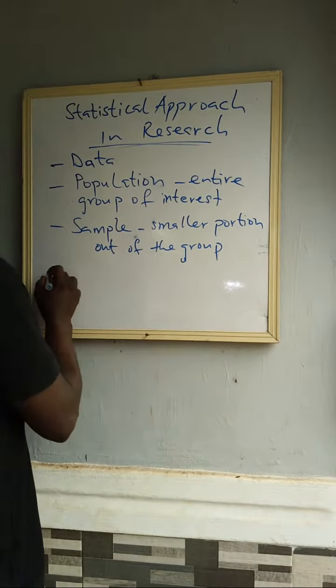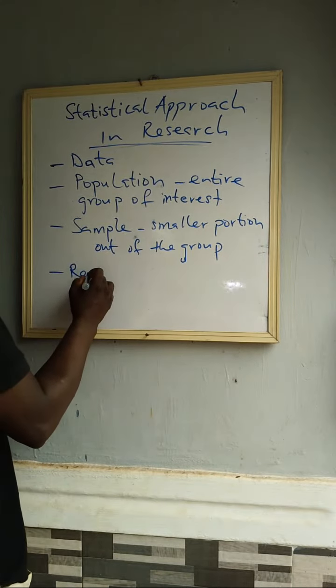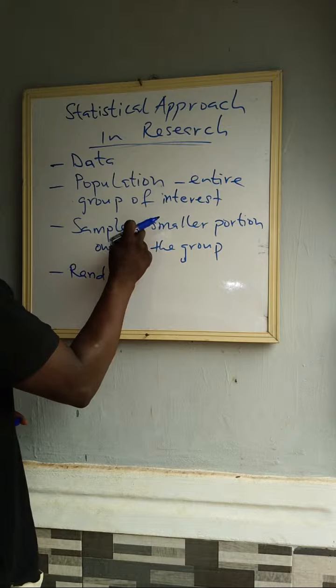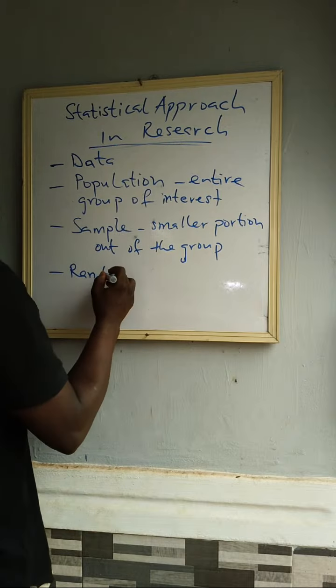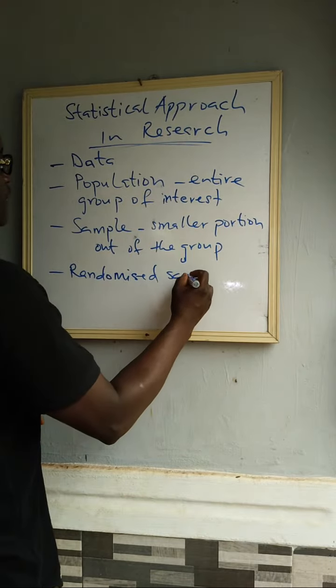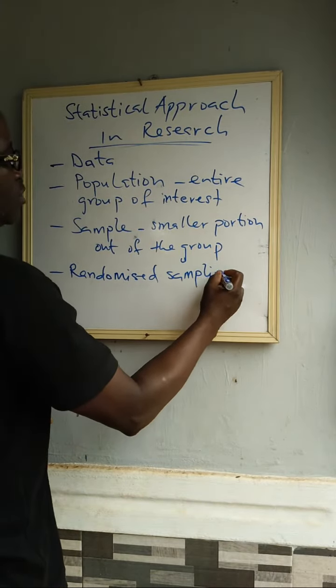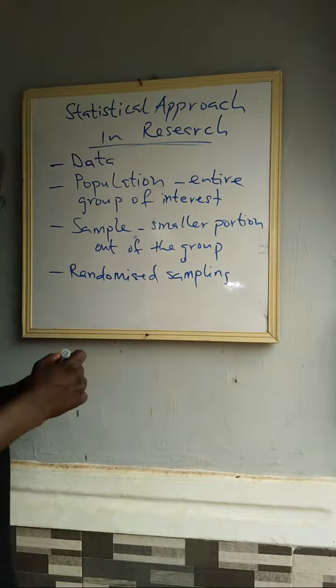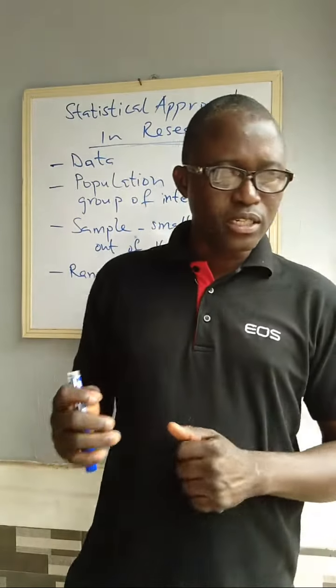And then we use randomized sampling to get data from this sample. That is, we obtain the sample randomly. The sample is obtained randomly.